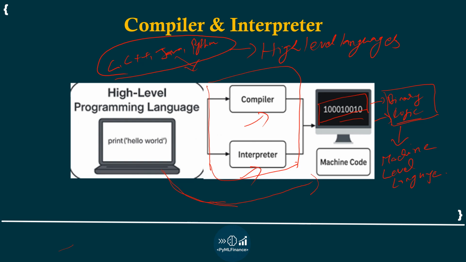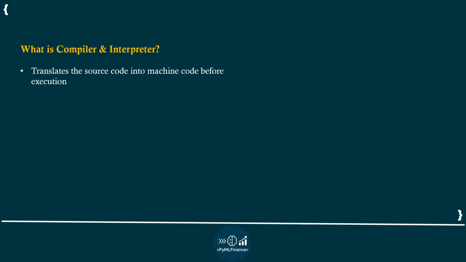If there is any error in the source code, whatever code we have written in high level language, both the compiler and interpreter will flag out the error. And if there is no error, then they simply convert our source code into binary level language. So what exactly are the compiler and interpreter?